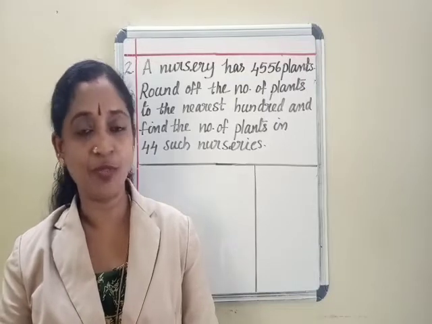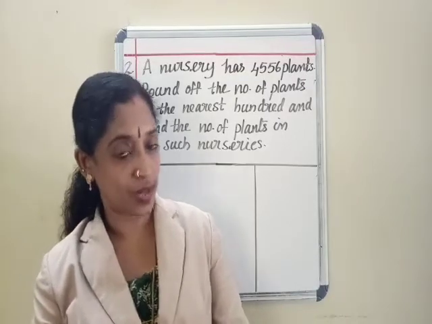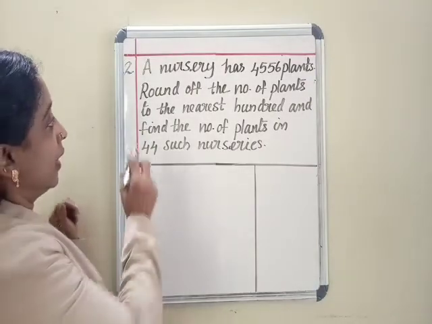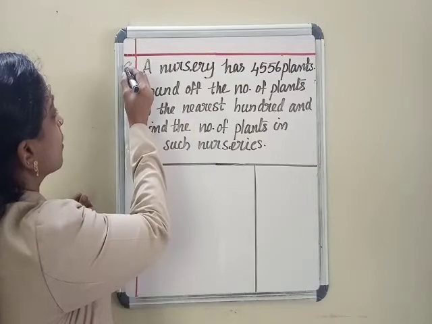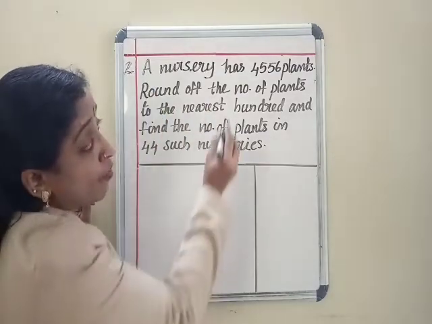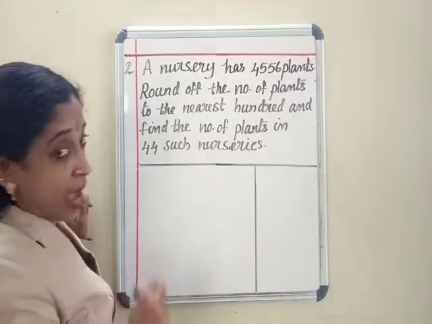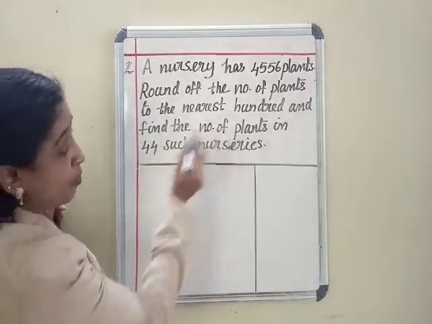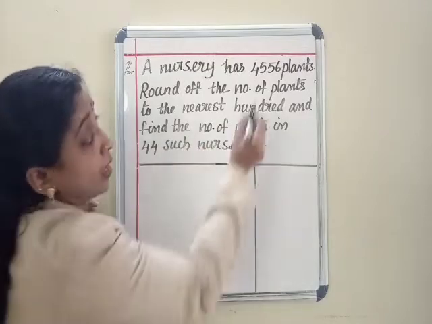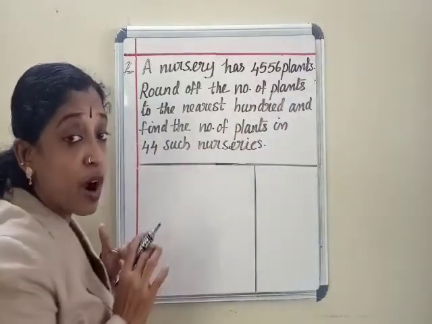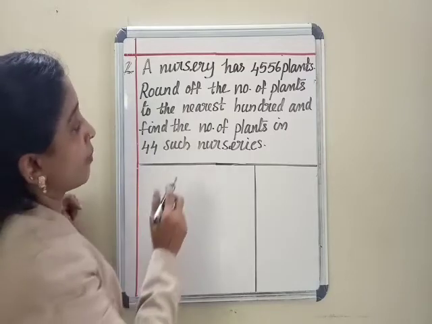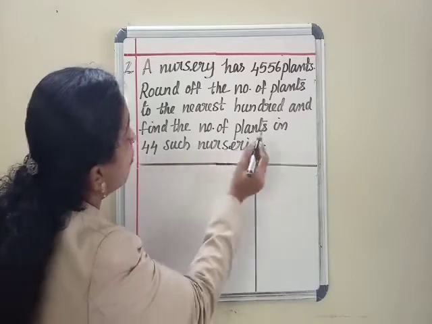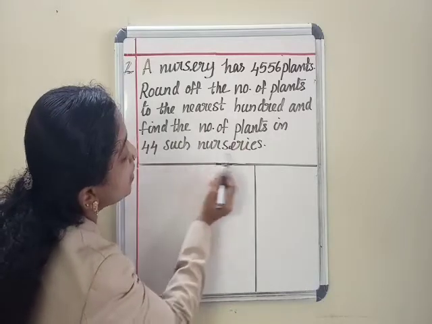Children, next is word problem. Please write question number 2. Please copy down. Take a new page and copy down. A nursery has 4,556 plants. Round off the number of plants to the nearest 100 and find the number of plants in 44 such nurseries.